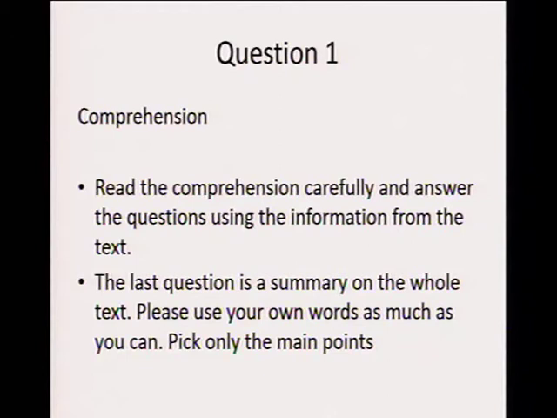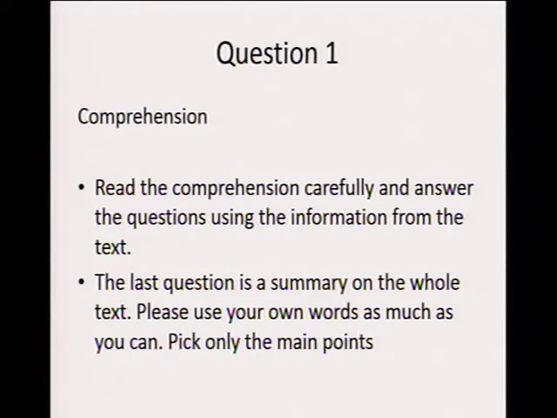You will get a text where you have to read and understand. Upon completion of reading the text, you need to then answer the questions below. The last question is a summary on the whole text. Please use your own words as much as you can. Only pick the main points when you are writing a summary.